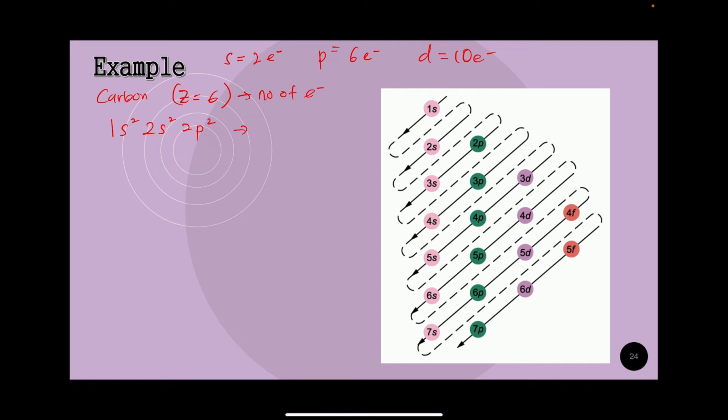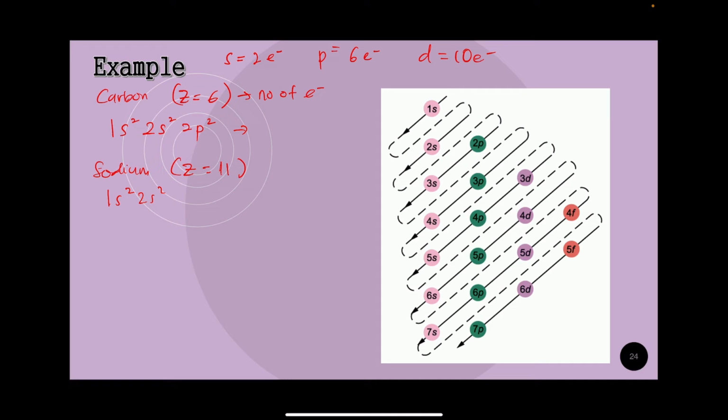So this is how to write the electron configuration for carbon, 6 electrons, filling 1s, 2s and 2p orbitals. Next, another example: what if we use sodium? Sodium, Z is equal to 11. As usual, 1s2, 2s2, which already consumes 4 electrons.